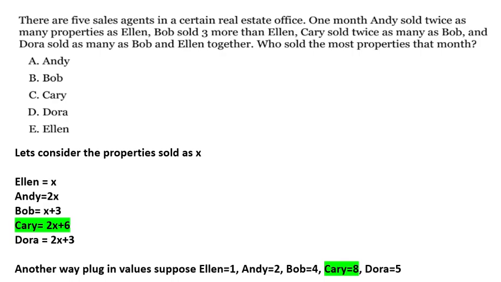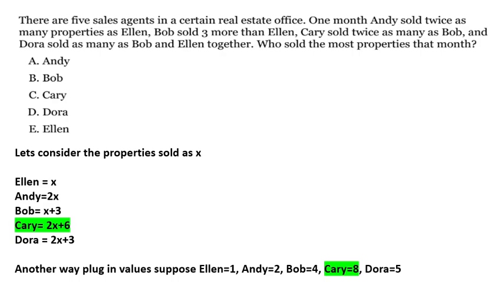Now coming to the second method, rather than going with unknown values like X, let's plug in some values. For instance, it's mentioned that Andy has sold twice as many as Ellen. Suppose Ellen has sold just one property.